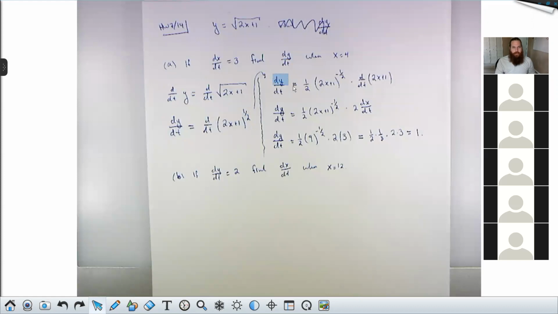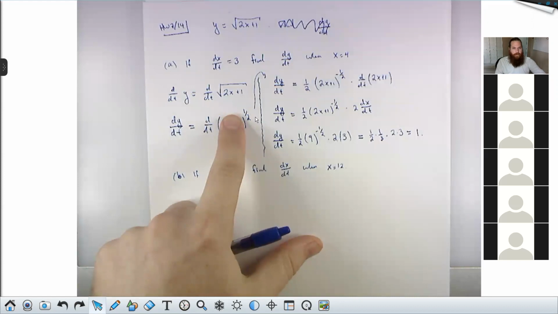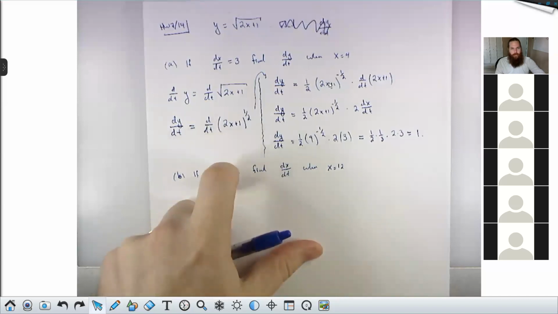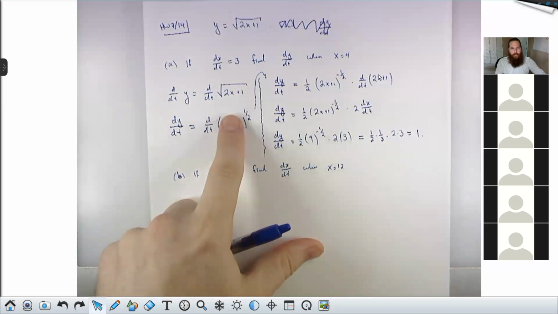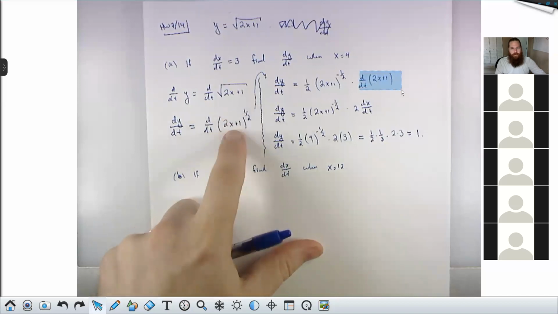From then on, the left-hand side doesn't change. Here, I wrote out what the chain rule tells me to do. I differentiated my outer function. I brought down this 1/2 power and reduced that 1/2 power by 1. That gives me the negative 1/2, leaving the inside alone. And then I multiply it by the derivative of the inside.